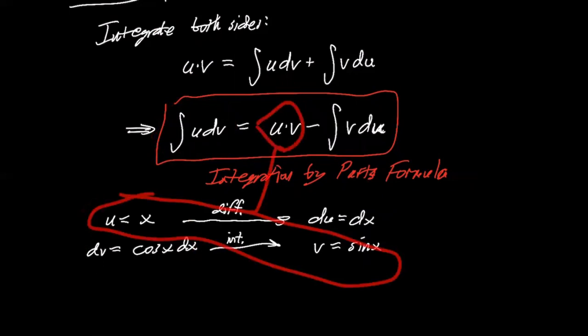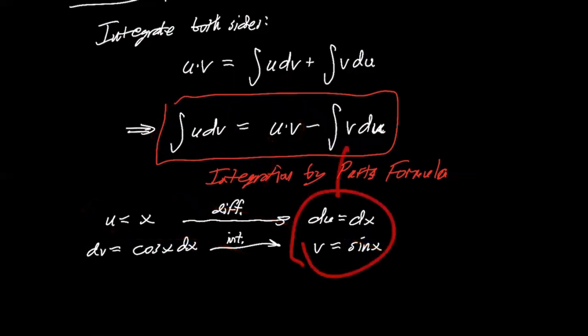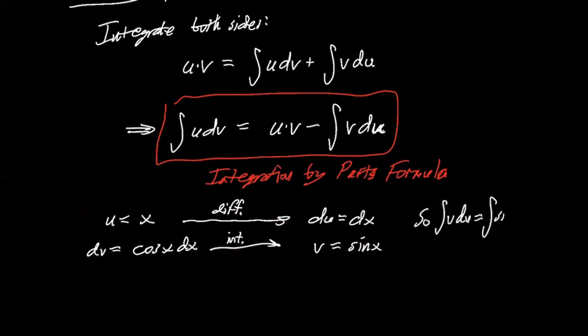That goes there. And then the integral of v du in this case is the integral of sine x dx, which is easier, which was the point. We've transformed a harder integral into an easier integral by this method of integration by parts. In the next video, I'll do a bunch of examples to show you how it works. I'll stop there.